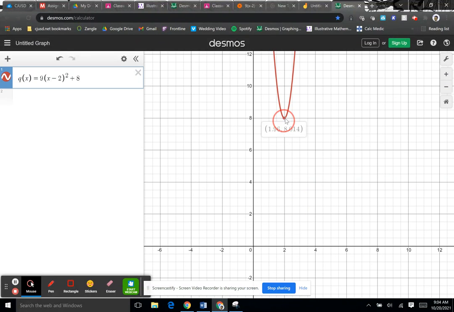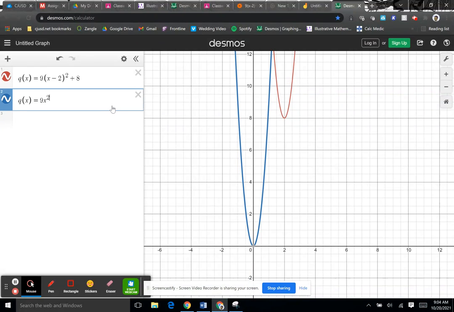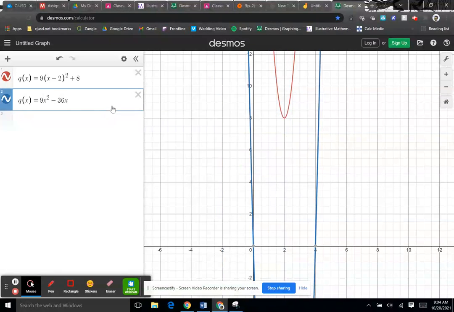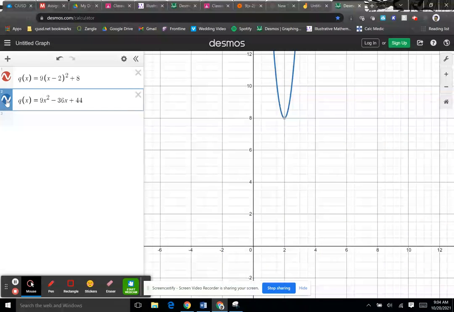There's our graph, and we can find the vertex here. And now we can also check to make sure that we have the same function. The original function was 9x squared minus 36x plus 44. And notice that they are, in fact, the same graph. And we have a vertex at 2, 8.